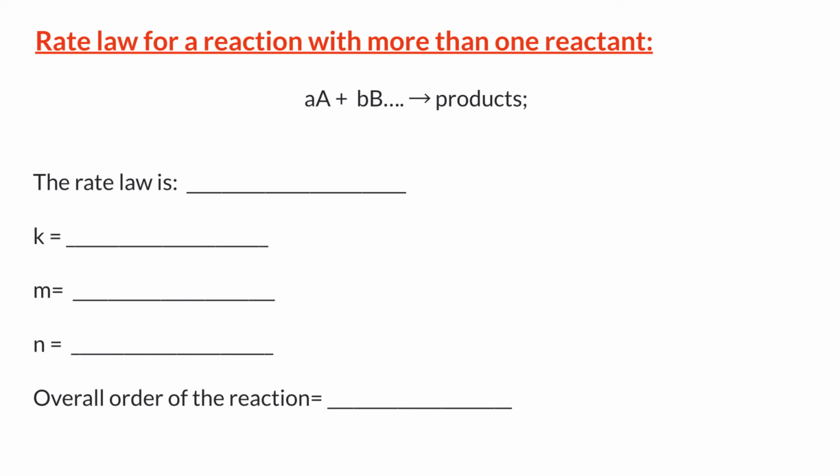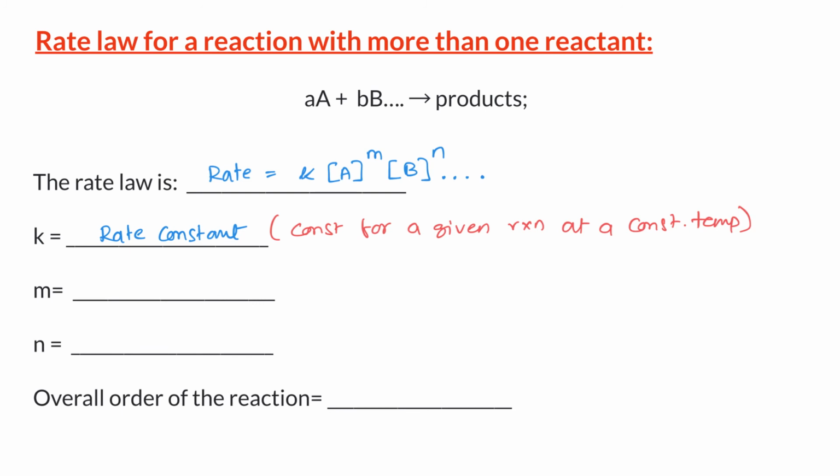The general form of the rate law is rate is equal to some constant k times concentration of A to the power m times concentration of B to the power n and so on, where k again is the rate constant specific for a given reaction at a given temperature. The exponent m is the order of the reaction with respect to A. Exponent n is the order of the reaction with respect to B, and so on.